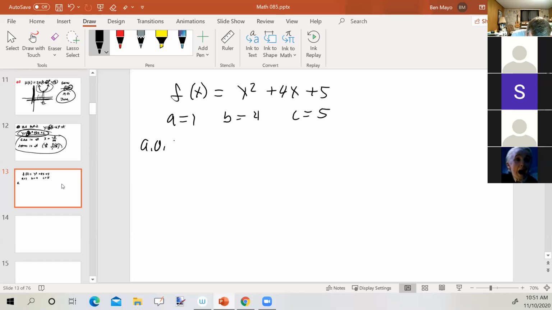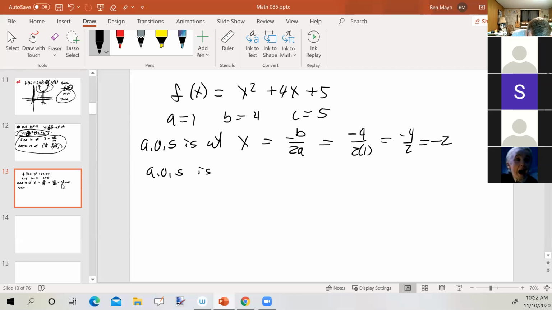The axis of symmetry is at x equals negative b over 2a, which would be negative 4 over 2 times 1, which ultimately is negative 2. So the axis of symmetry is at x equals negative 2.